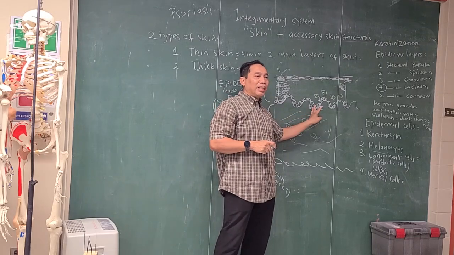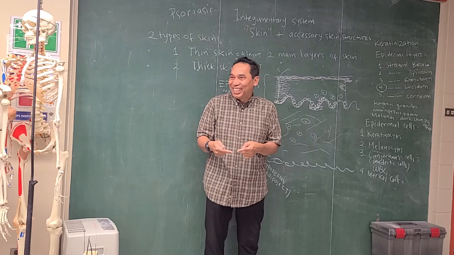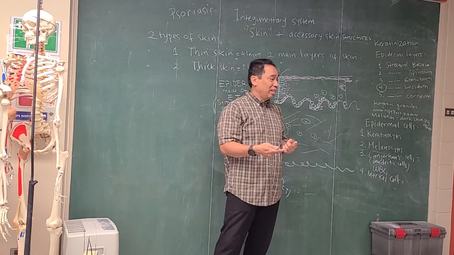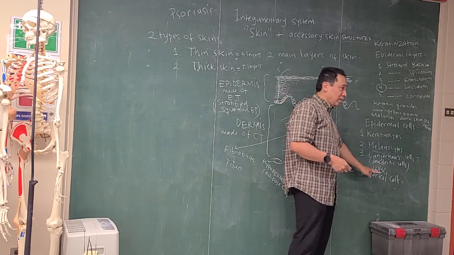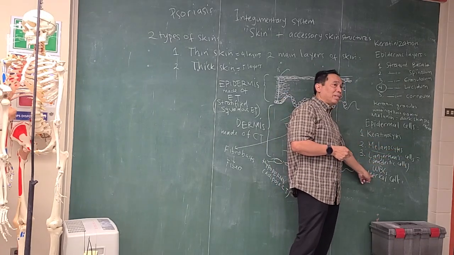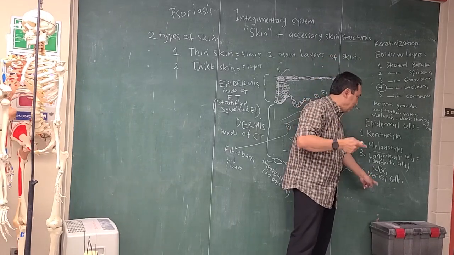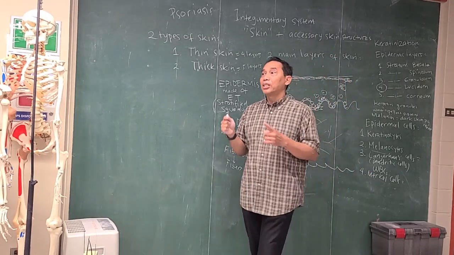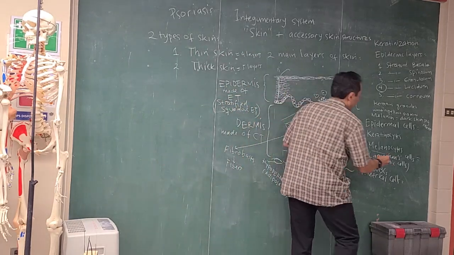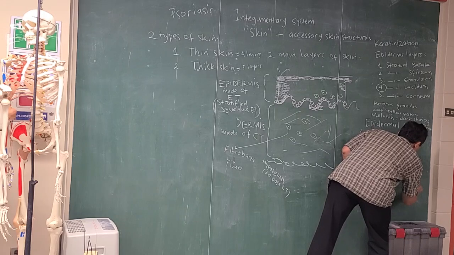This cell helps you to sense touch. If somebody touches you on the skin, it will go to this Merkel cell and be carried to your brain. So the Merkel cell is a sensory cell used especially for touch.